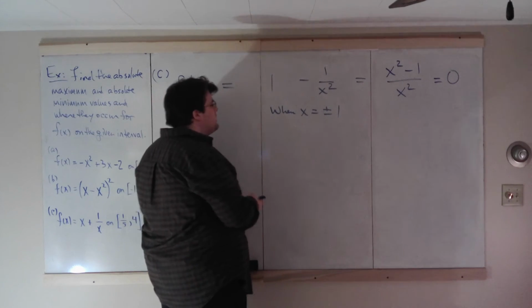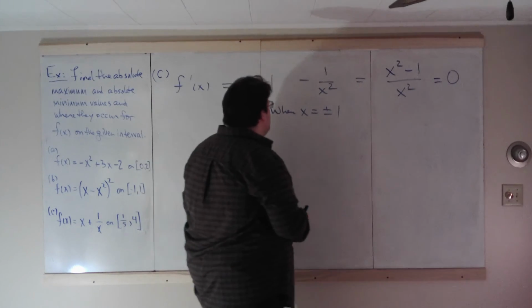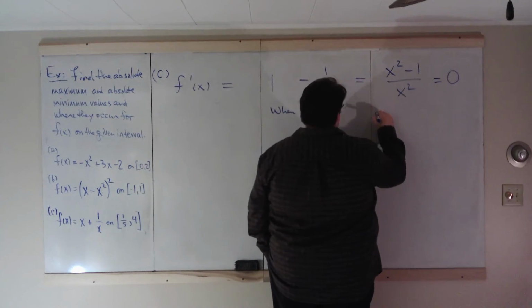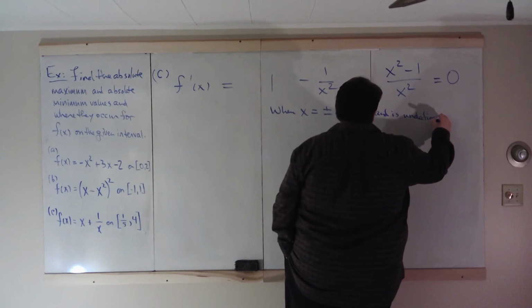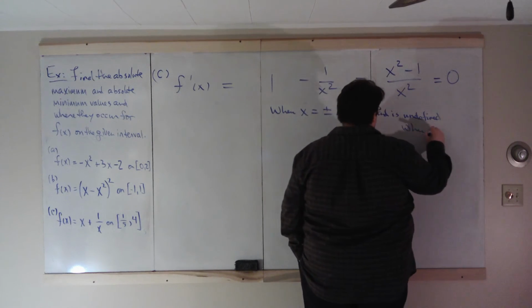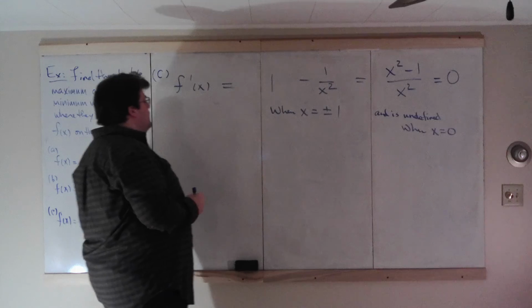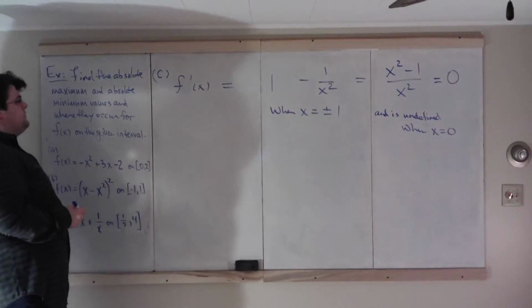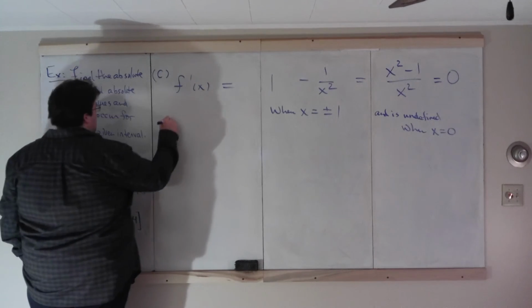You know, you could factor that x plus 1, x minus 1, or you can add 1 and then square root. Either way, you get positive, negative 1. And it's undefined when x equals 0. Well, okay. So we found our critical points. Positive, negative 1, 0.